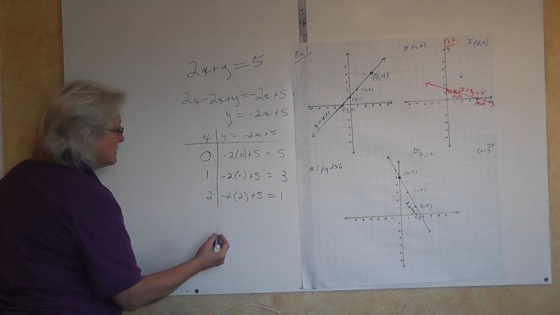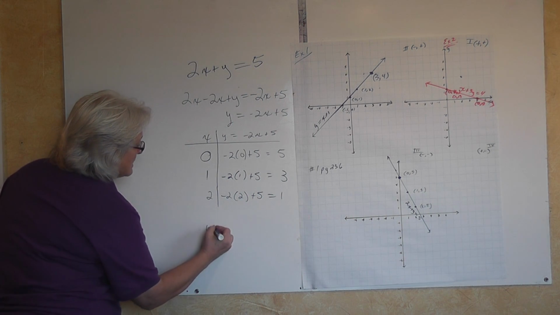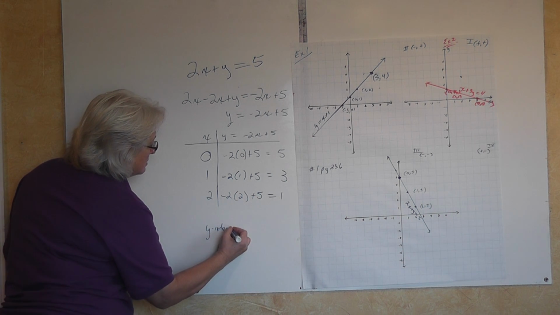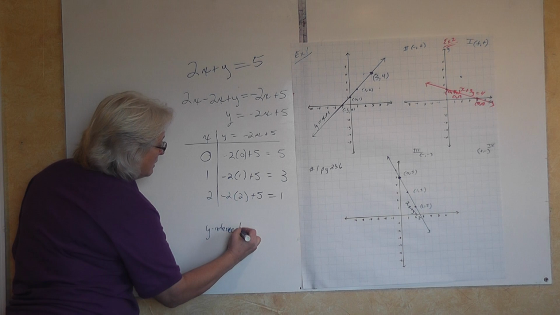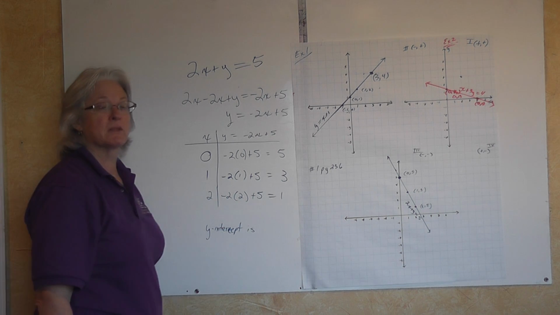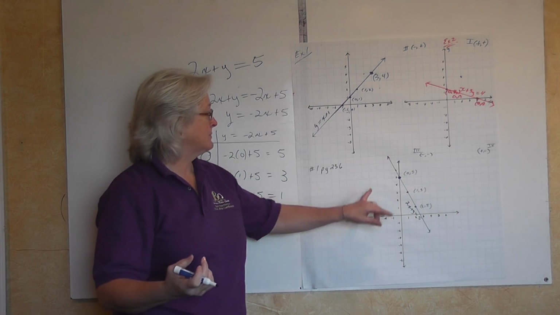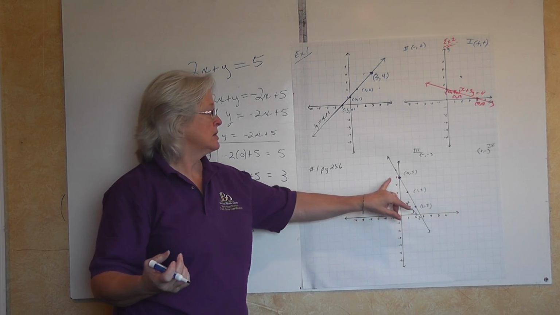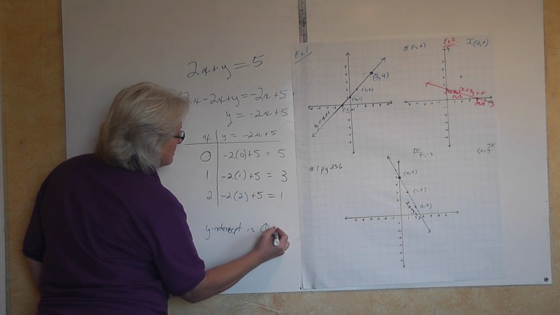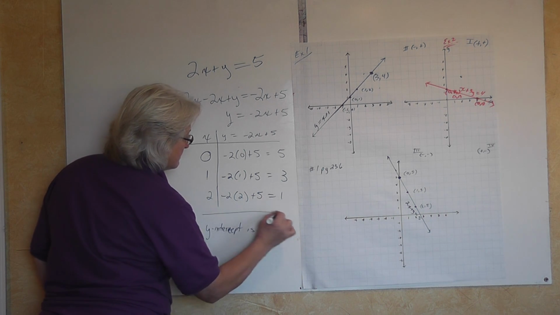What's the y-intercept? It's the point where the graph intersects the y-axis. And you also know that the y-intercept has an x value of 0. So our y-intercept is the ordered pair 0, 5.